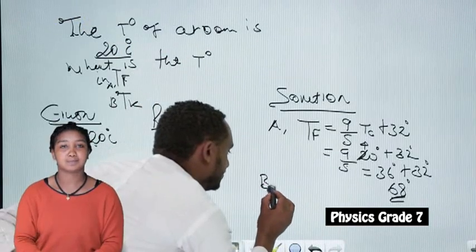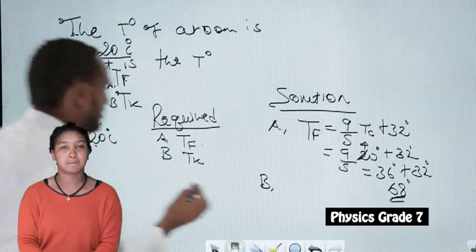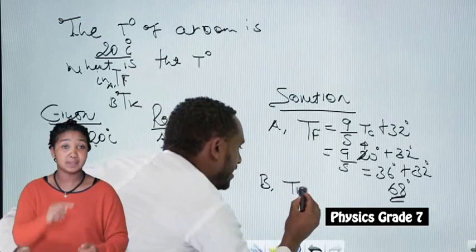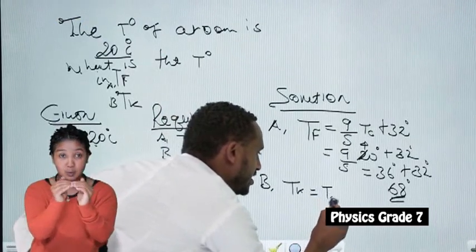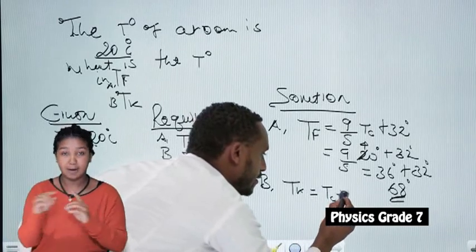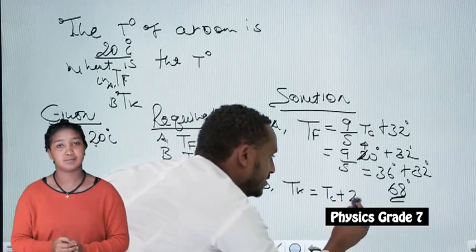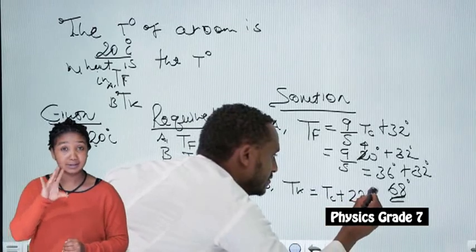B. Temperature in Kelvin is equal to temperature in Celsius plus 273 degrees.